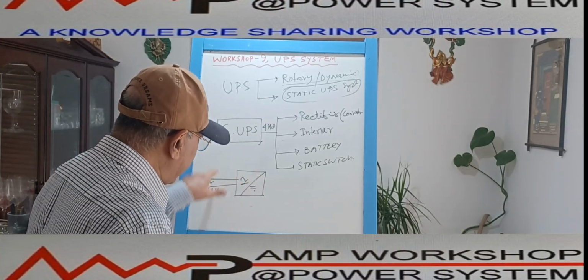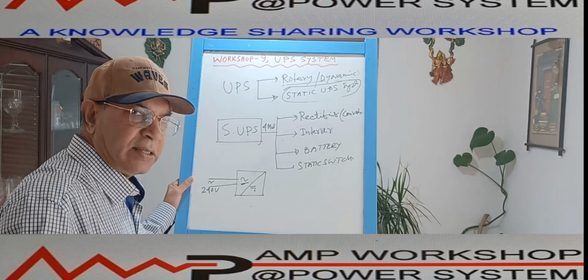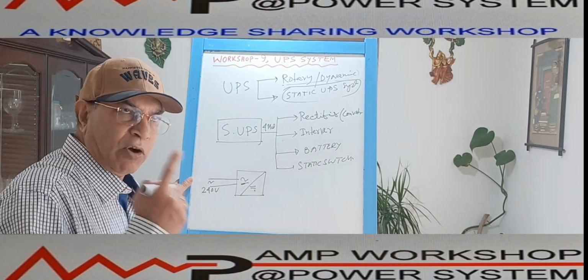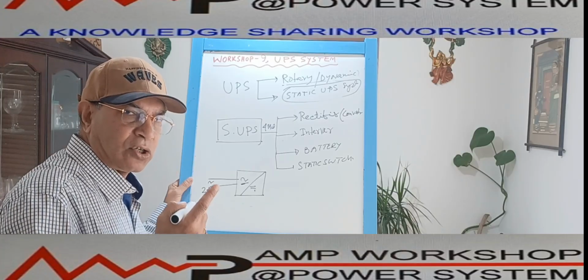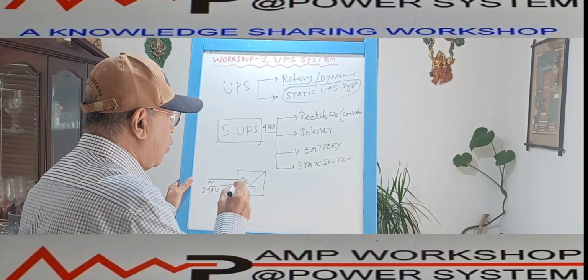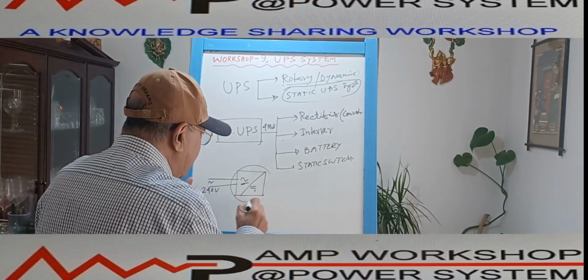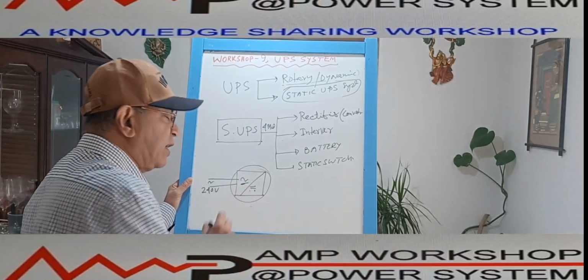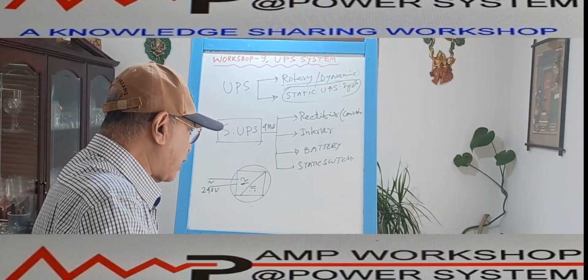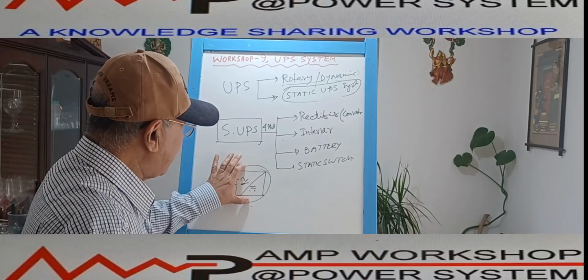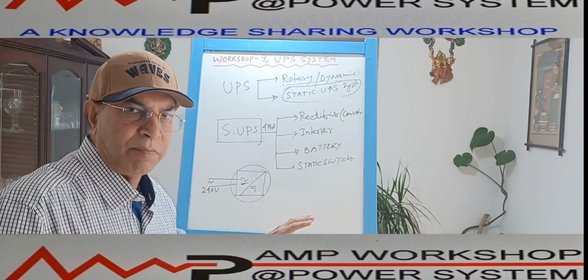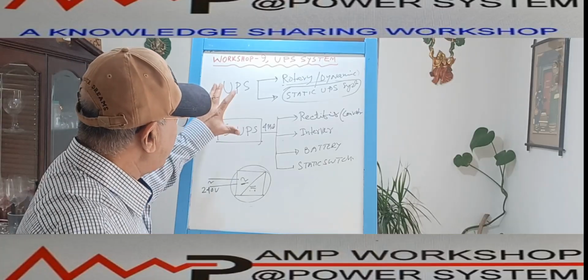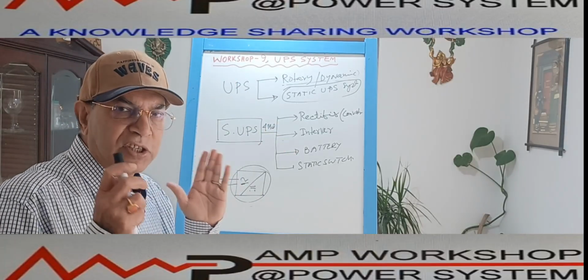How the rectifier has been made, we will discuss at the end of this workshop. In the last session, we will cover how this rectifier is made, what the various components inside the rectifier are, and what its working principle is. Now, our main intention in this workshop is system design.